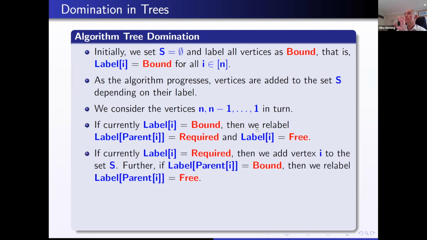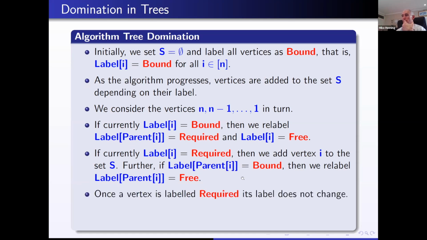And in the algorithm, as soon as you get to a vertex with label required, you immediately add it to your set. And in that case, when a vertex is put in the set, its parent, if it had label bound, which means it needs to be dominated, you can label it free because its child's going to dominate it. And that's what the algorithm is going to do.